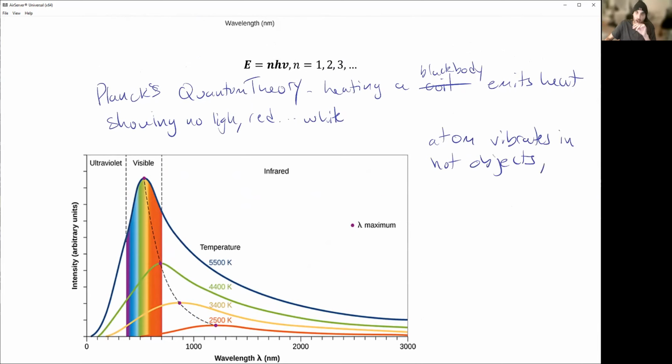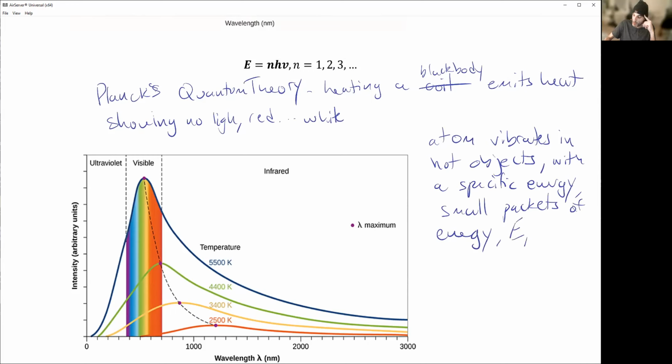So instead of emitting all of the energies, it's going to release small packets or small bursts of energy. We call these quantum or individual photons.